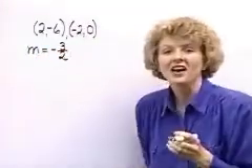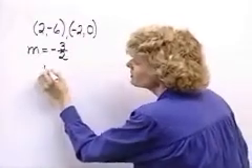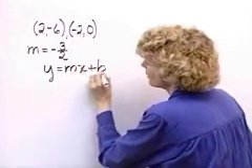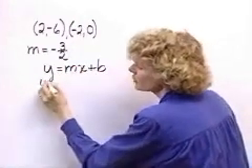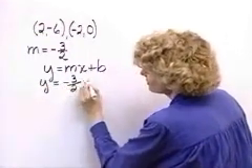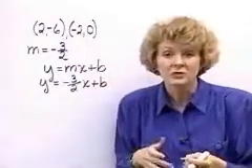We also need to find the y-intercept. To find the y-intercept, we'll use the slope-intercept form. Thus far, we know that the slope is negative 3/2. And to find the value of b, we'll select one of these ordered pairs.